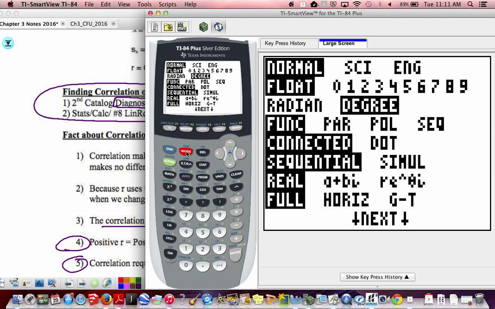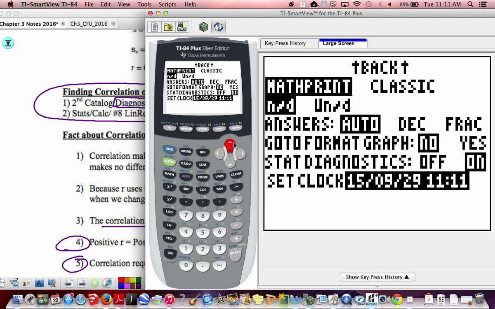So go to the next page in the mode. Not all of you will have this, but if you go to the next page and see something that says Stat Diagnostics, make sure it's on. So highlight it, hit Enter, and make sure it's on.